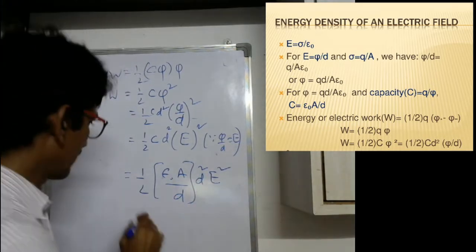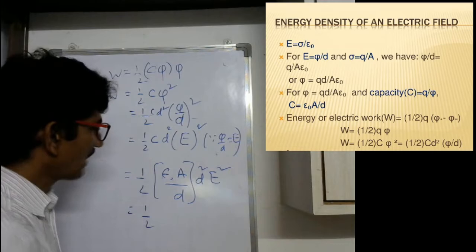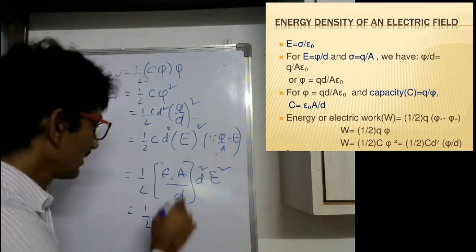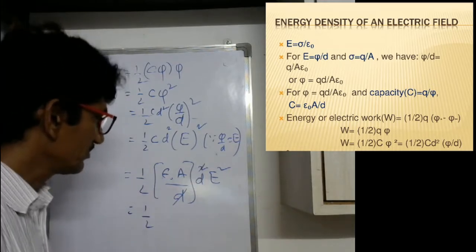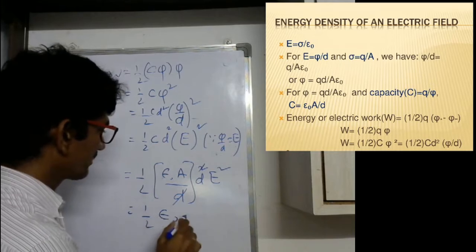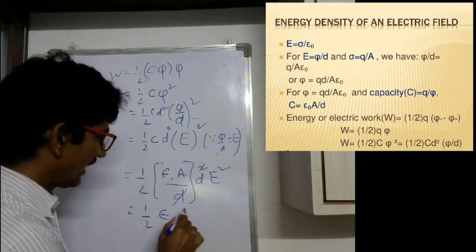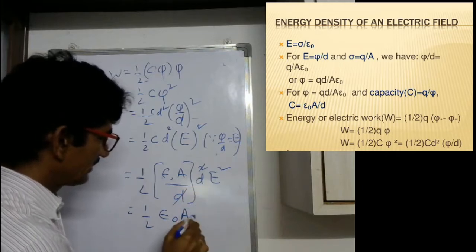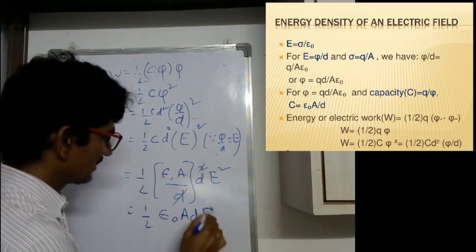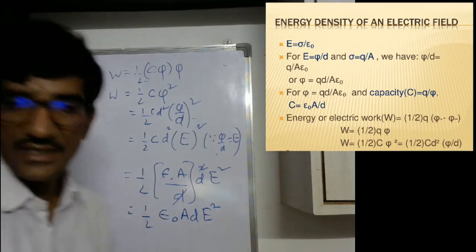One D cancels. This is equal to half epsilon naught A D E square.